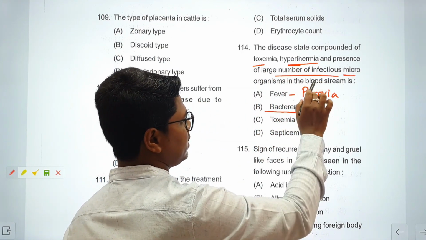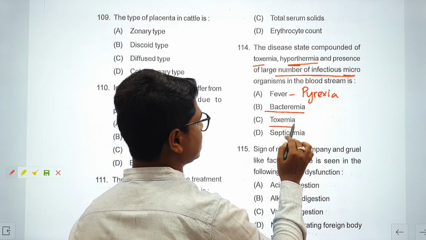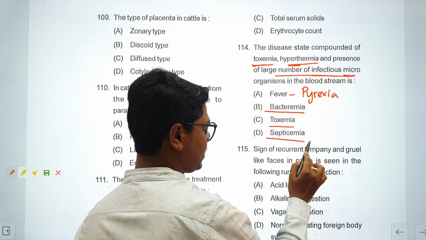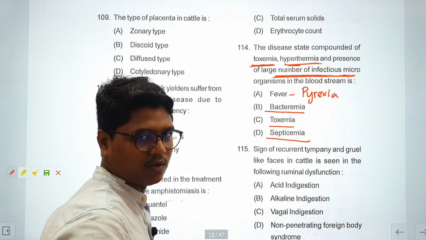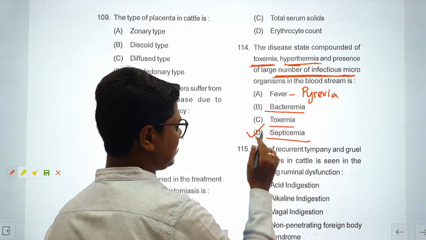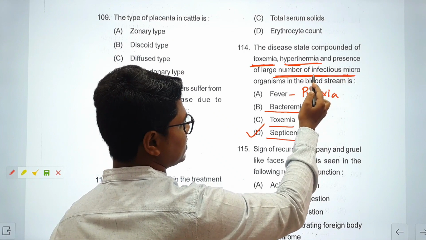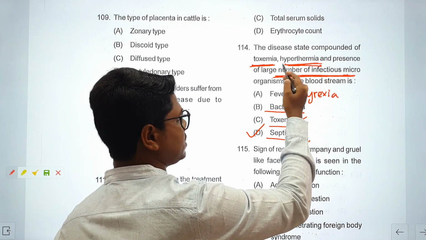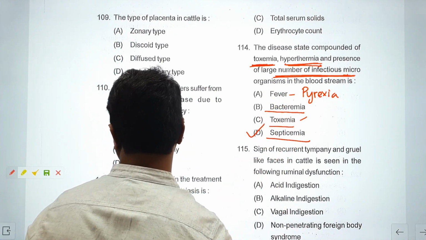Bacteremia means only infectious microorganisms or infectious bacteria. Toxemia means only toxemia. But in septicemia you will find all: toxemia, hyperthermia and infectious microorganisms. Okay, this is in a very strict sense. You can argue that in toxemia also maybe there are infectious microorganisms, and due to toxin there will be hyperthermia, but it is not in that sense. This is a very strict sense.